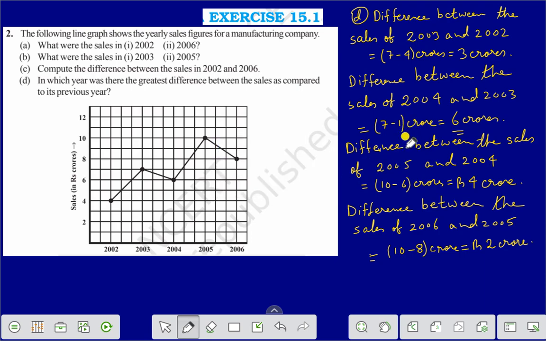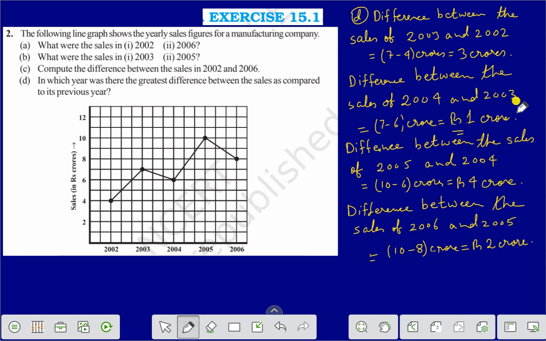That is 7 minus 6, which is 1 crore, not 6. So the difference is rupees 1 crore.